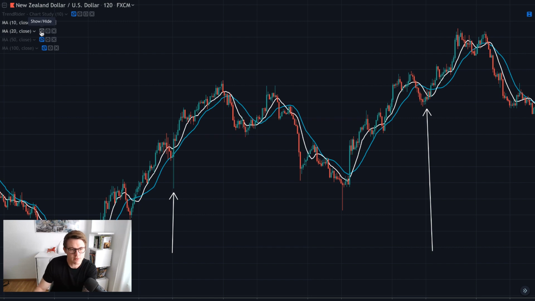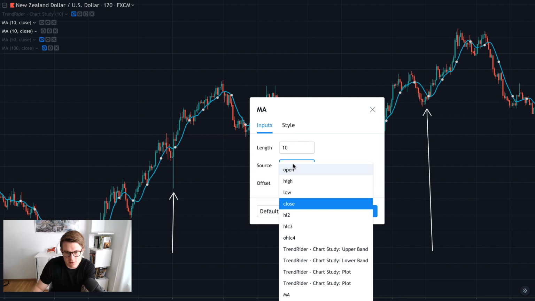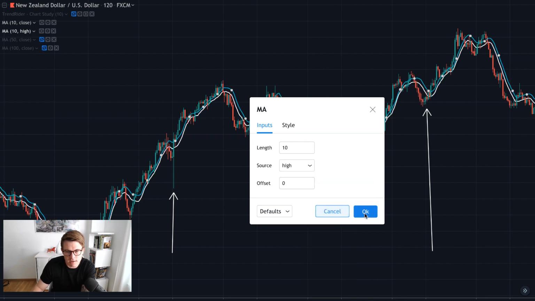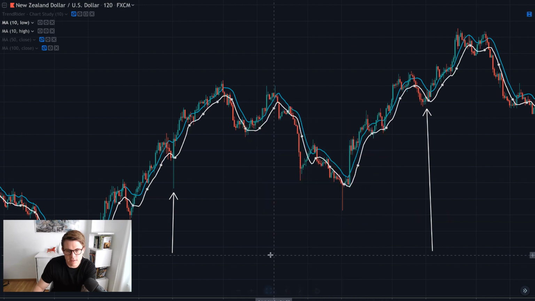Another option would be to create something that I call a channel. So let's adjust the 20 period moving average and create another 10 period moving average, but instead of using it for the close, we use one for the high and the other one we apply to the low, and this does now create a channel.